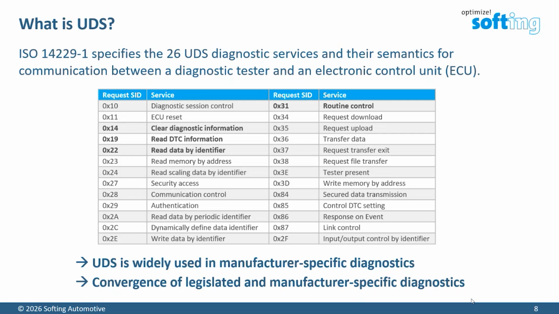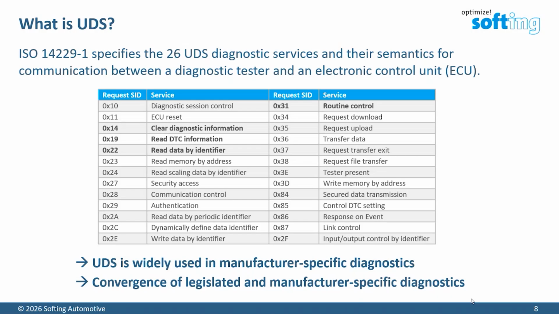UDS is widely used in manufacturer-specific diagnostics. It provides enough flexibility. We can execute an ECU reset. We can write data for variant coding. We can transfer data when it comes to flash programming, or we can control the actuators with routine control.